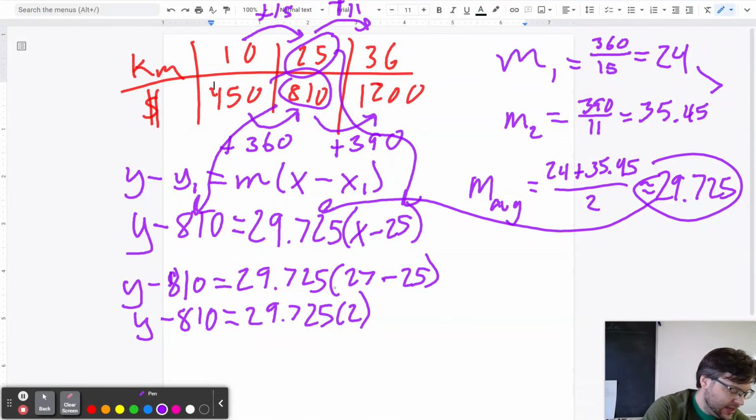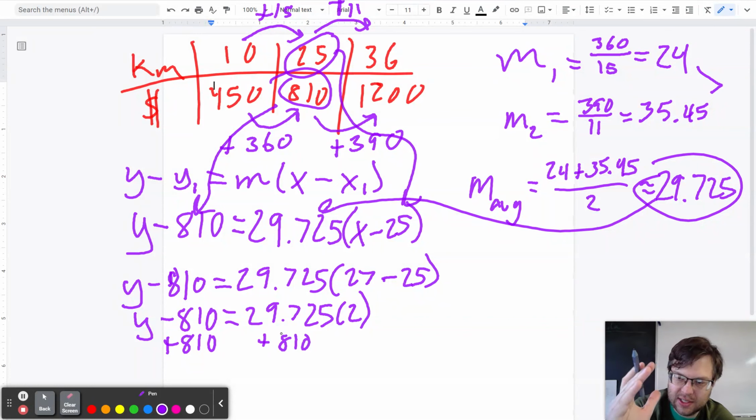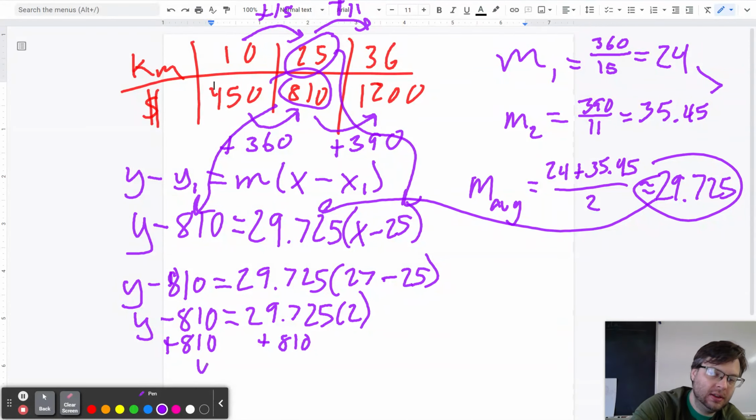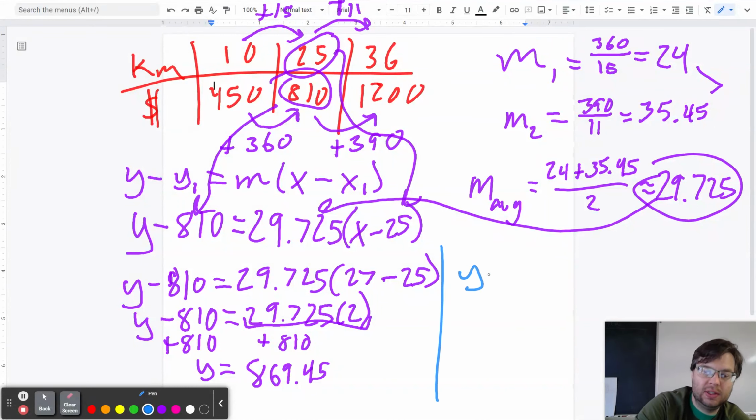And so if I take that and multiply it by 2, what I'm going to do is add 810 because 810 is the cost of 25 kilometers, and I'm adding 2 slopes to that. So that gives me this value here was 59-ish, so I get 869.45.